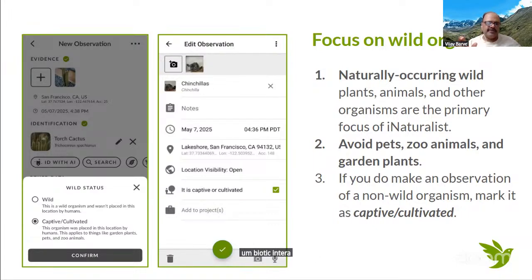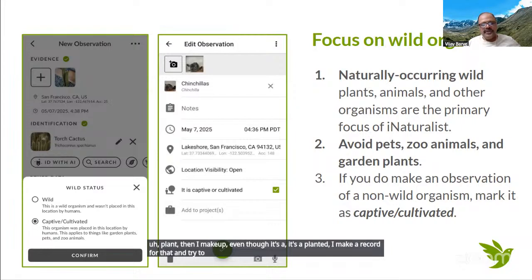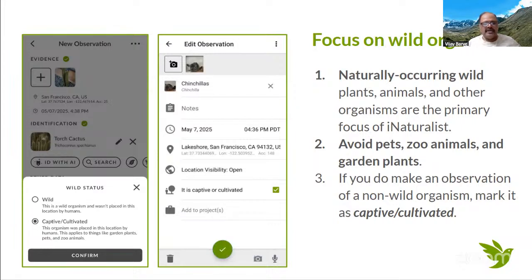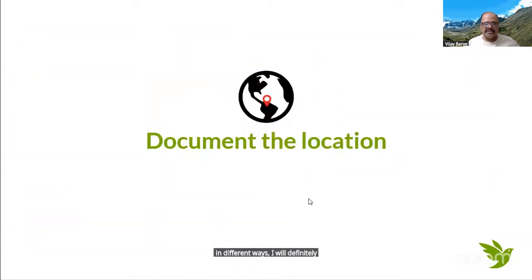Like if I see a butterfly feeding on a particular plant, even though it's planted, I make a record for that and try to get that particular plant identified so that I can note the biotic interaction in different ways. I will definitely talk about it later in the session.